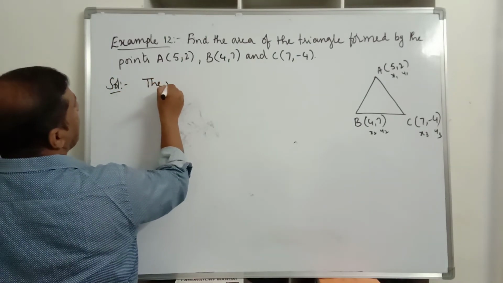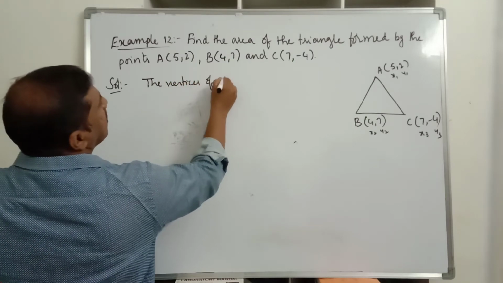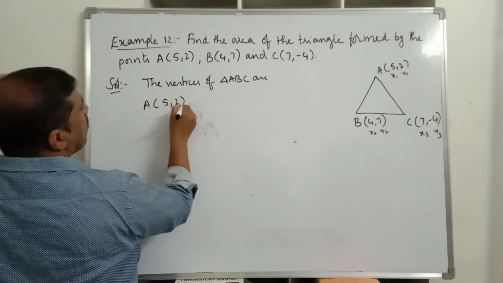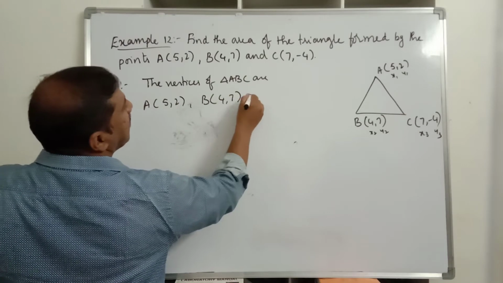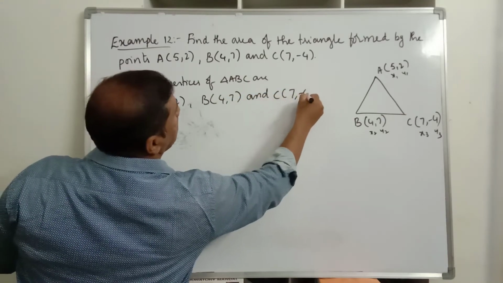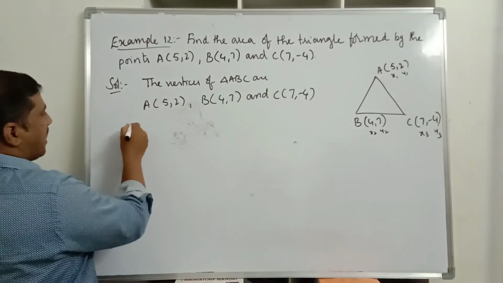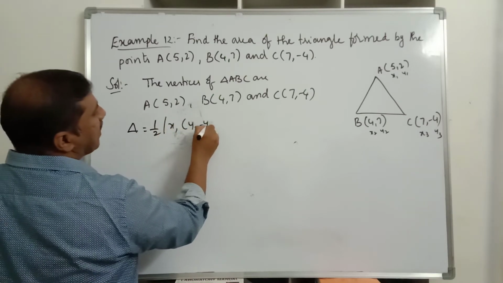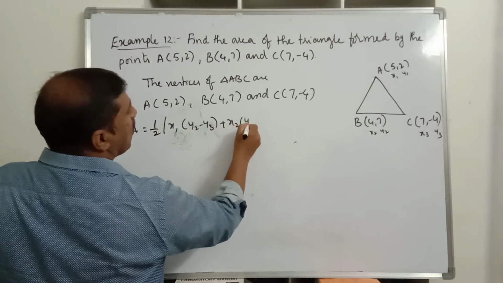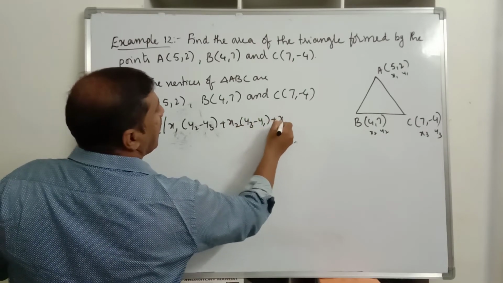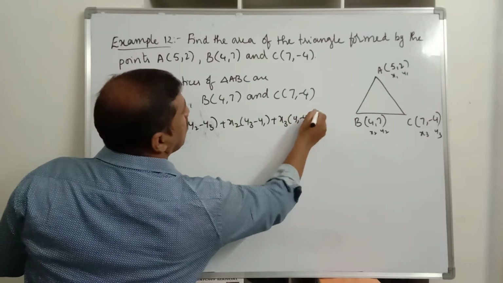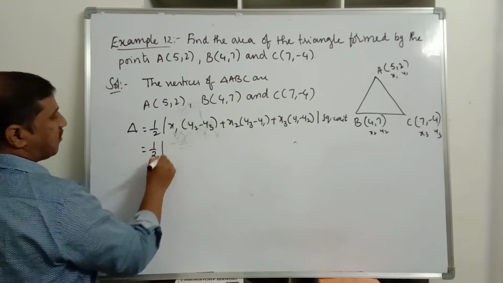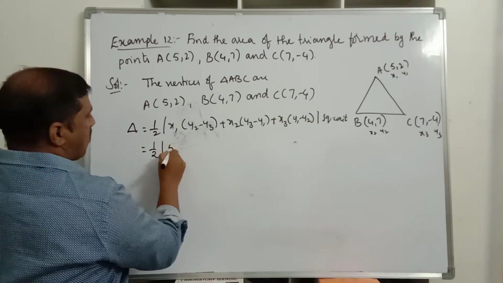The vertices of triangle ABC are A(5, 2), B(4, 7) and C(7, -4). Now the area of triangle ABC is equal to half into modulus of x1 into y2 minus y3 plus x2 into y3 minus y1 plus x3 into y1 minus y2 square units.